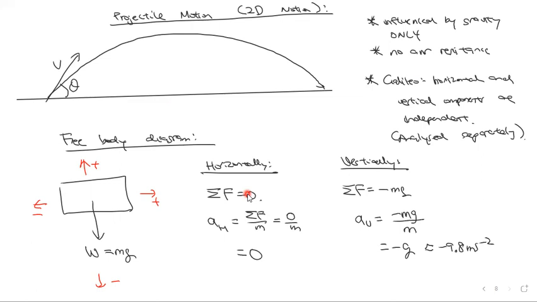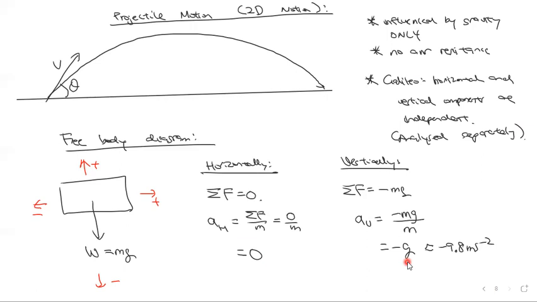So we have now worked out that with our assumptions, the projectile motion will have a horizontal acceleration of 0 specifically, and a vertical acceleration of downward 9.8 meters per second squared.